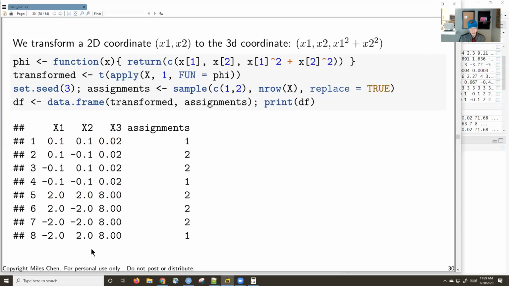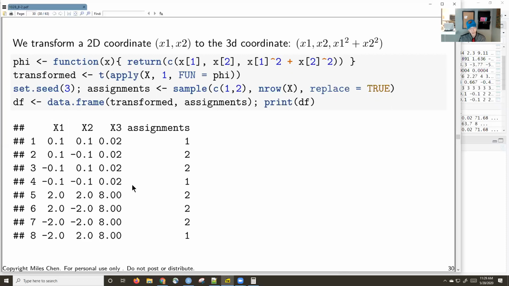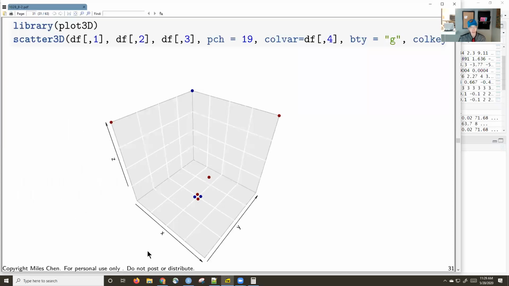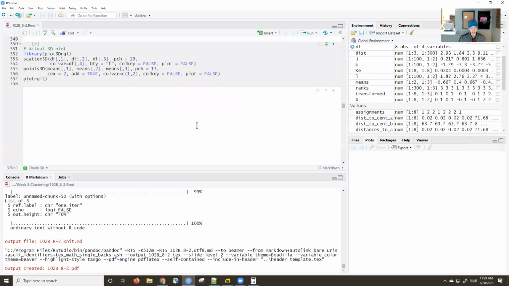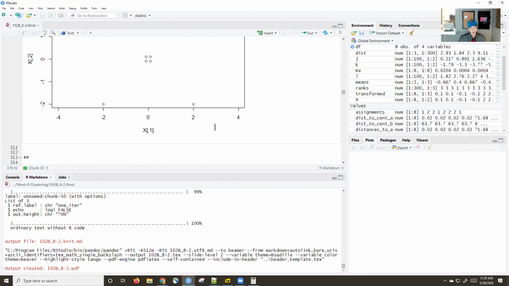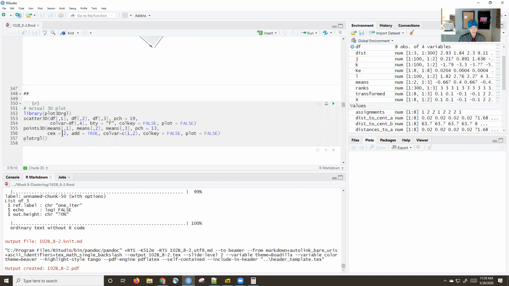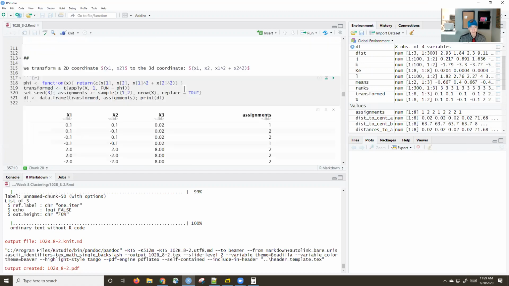So these 8 points, when I transform them into 3D, become these 8 points. I can plot them, and it's a little bit hard to see, so let me see if I can plot this.